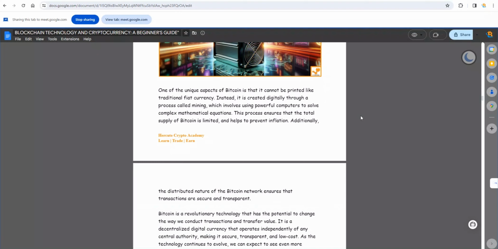Now, one of the unique aspects of Bitcoin is that it cannot be printed like traditional fiat currency. Instead, it is created digitally through a process called mining. And mining, in the simplest language possible, is just the process of verifying transactions. So when I'm sending some Bitcoin from my wallet to someone's wallet, there needs to be a machine that is going to verify this transaction.